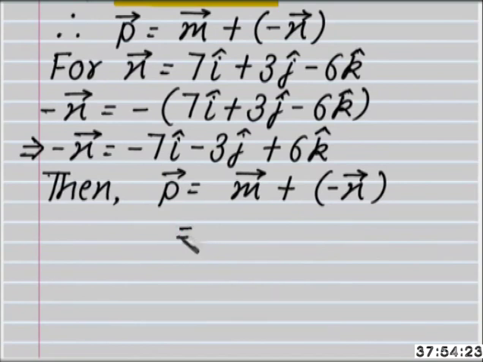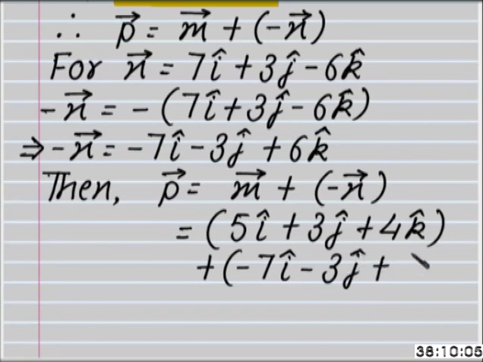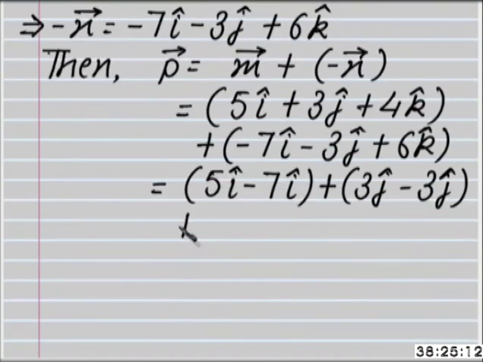So this is equal to 5 i cap plus 3 j cap plus 4 k cap plus minus 7 i cap minus 3 j cap plus 6 k cap, further equal to 5 i cap minus 7 i cap plus 3 j cap minus 3 j cap plus 4 k cap plus 6 k cap.